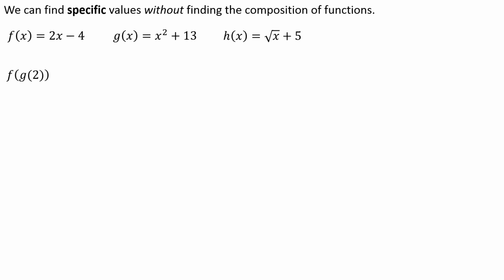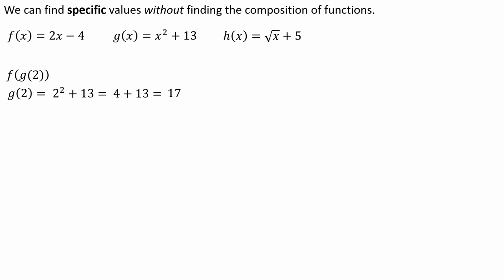Okay, if I want f of g of 2, first I better figure out, well, what's g of 2? Anything I plug into g, I need to square it, and after I square it, I need to add 13. Ta-da! g of 2 is 17.